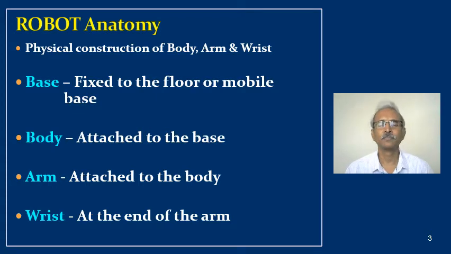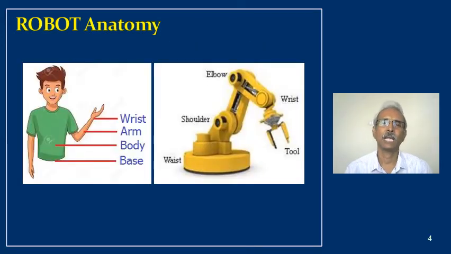So now probably we'll have a comparison here. This is what I was mentioning about. You consider the waist as your base, and analogically here you have the waist or the base of the robo, and you have the body here. Of course, in a typical industrial robo you cannot have something typically as a body.